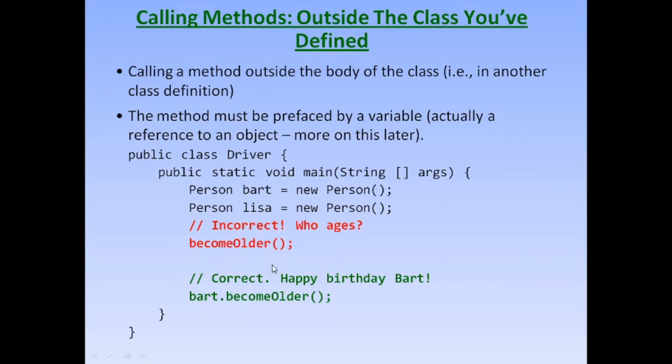We have to provide the name of the object and the method of that object, as in Bart.becomeOlder. This method call is made inside the declaration of the class Driver, and another object, Bart, is used to fire the method of that object.